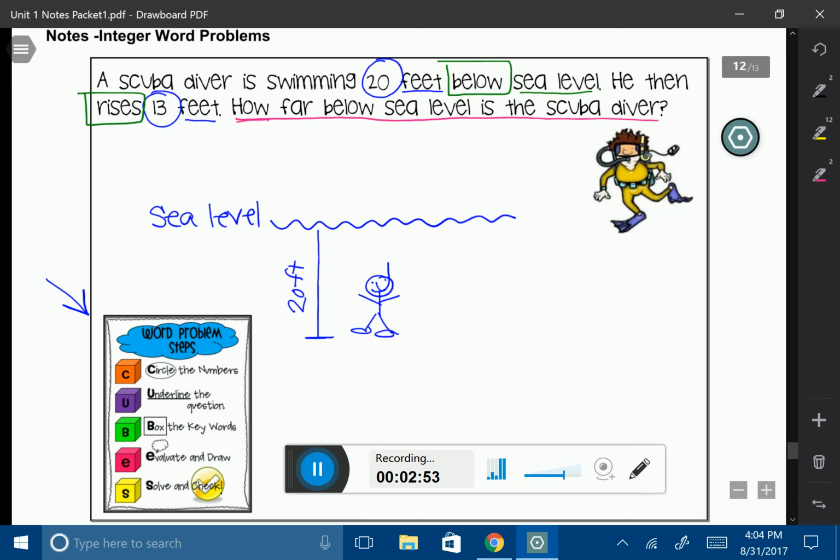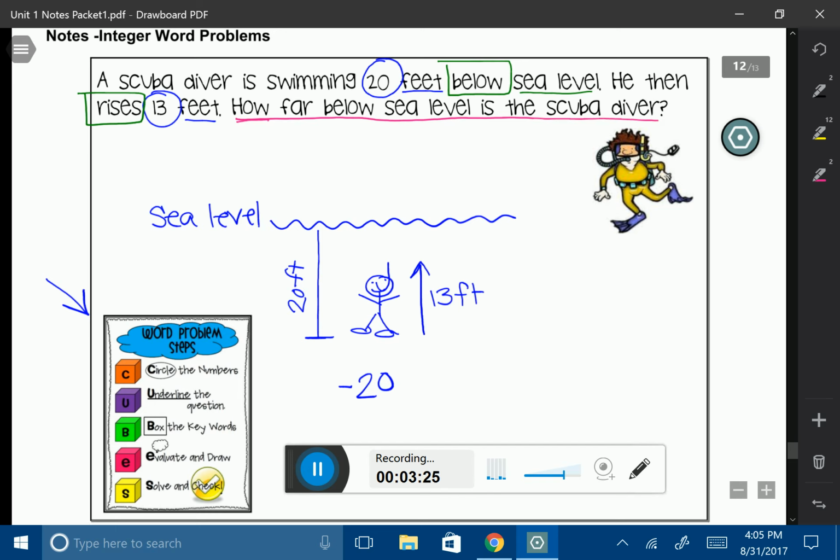Now, if I think about 20 feet below, can I use the word negative? Isn't negative 20 another way to say it's below a level? Now that scuba diver is going to rise. He's going to go up toward the surface, but he's only going to rise 13 feet.